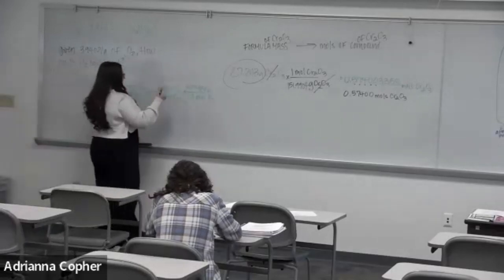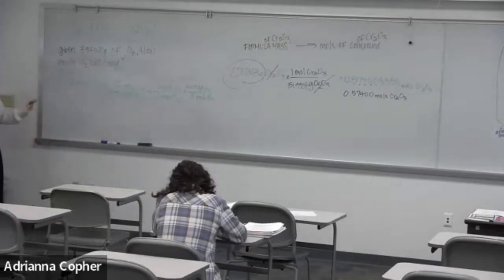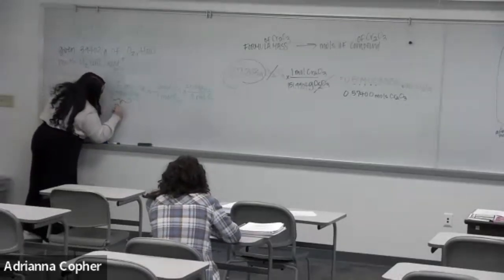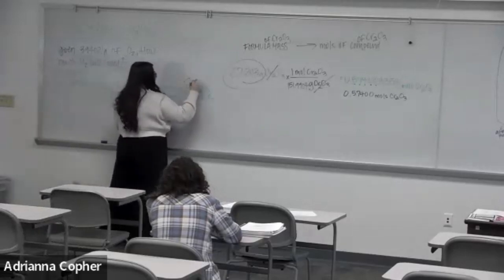All right, so this gets canceled out, and if we've got grams of H2, that means we're done stepwise. Our steps are done. This is the formula mass. This is the formula mass.